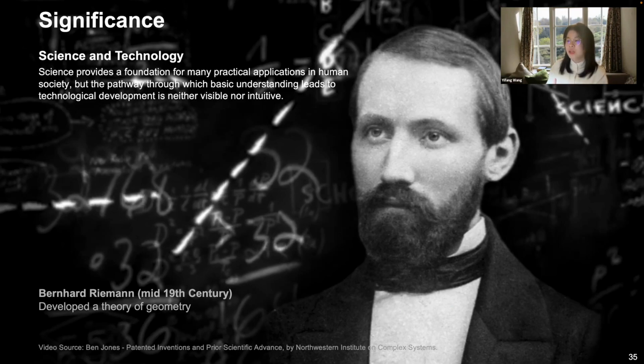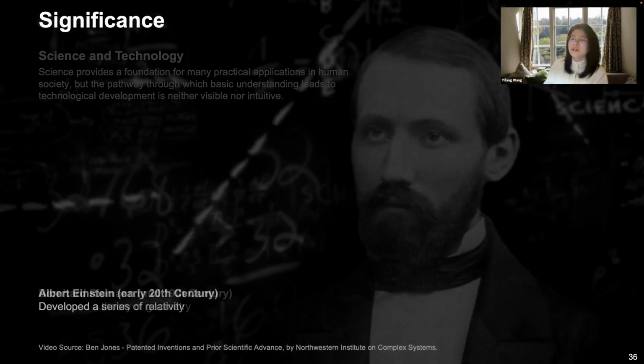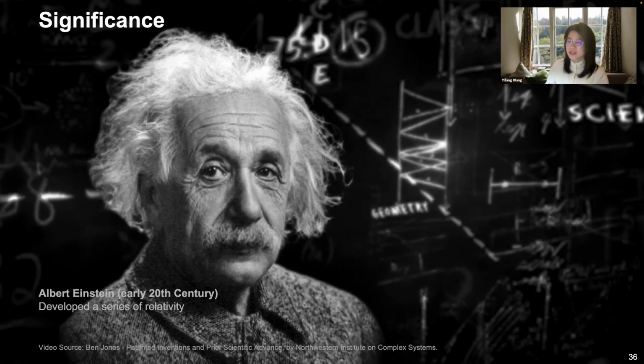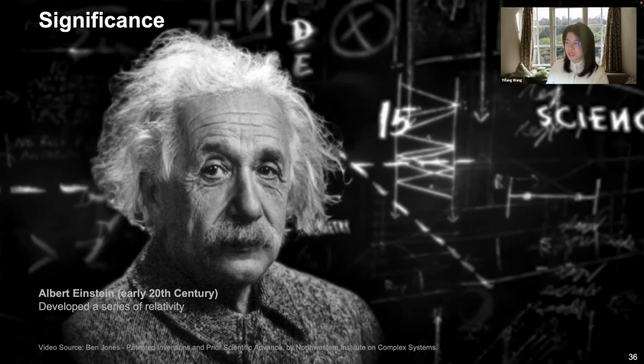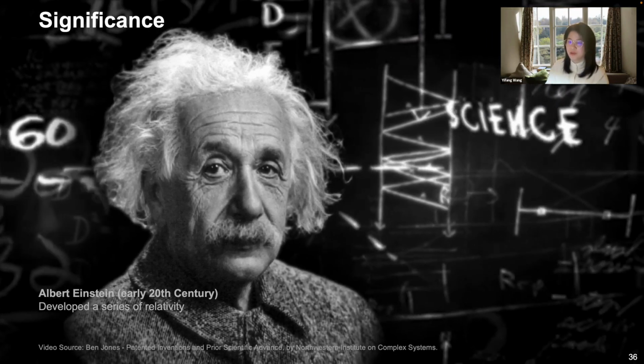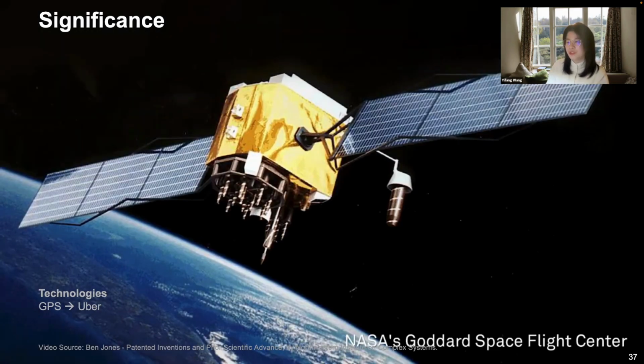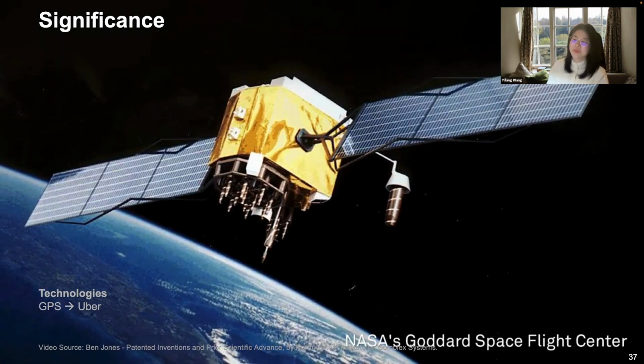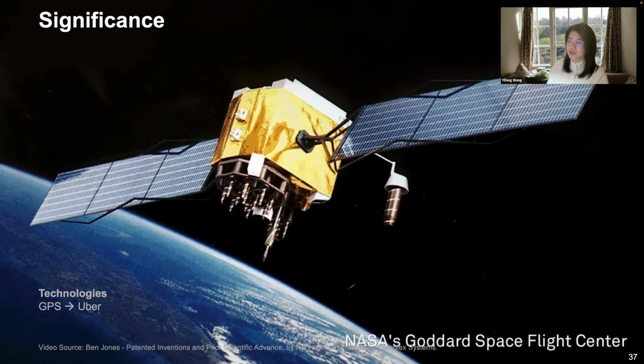But this was ignored at that time. 6 years later, Einstein developed the theory of relativity based on Riemann's geometry theory. If we go forward another several decades, among the many innovations it spurred, it proved essential for the GPS system. And the GPS system then provides the technical foundations for applications such as Uber.